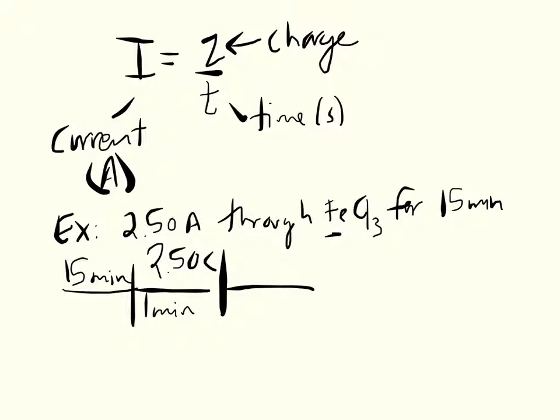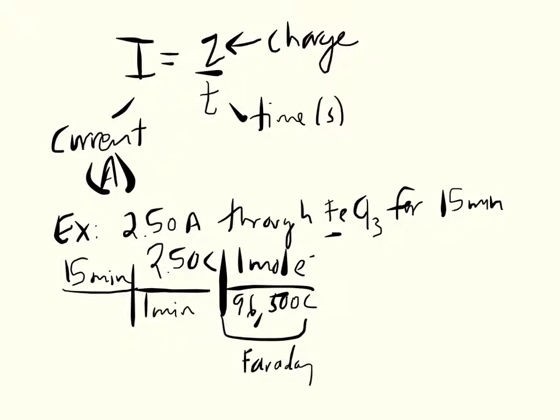We know that from Faraday's constant, 1 mole of electrons has about 96,500 coulombs. This is, remember, Faraday. It's on your equation sheet.